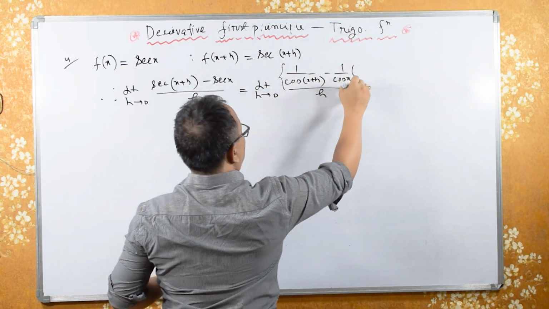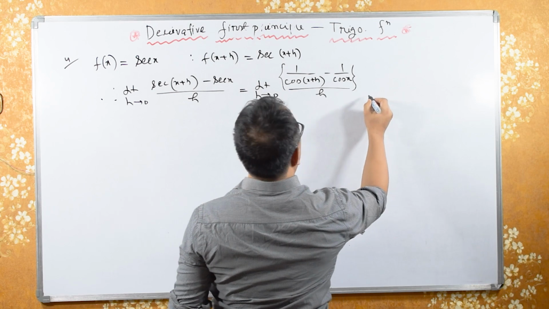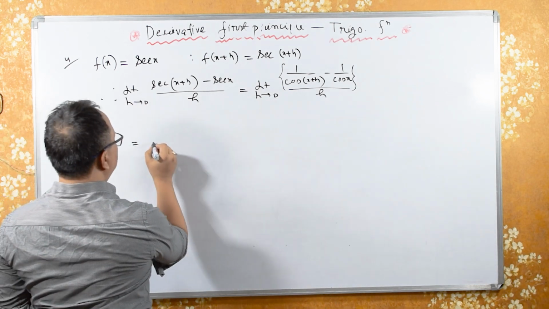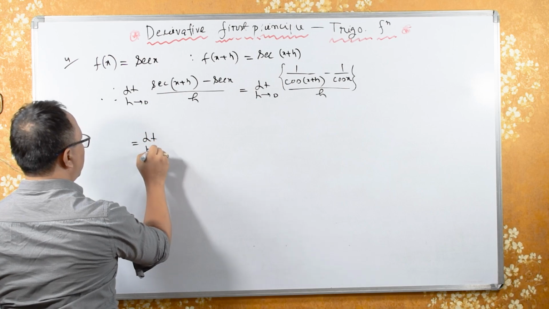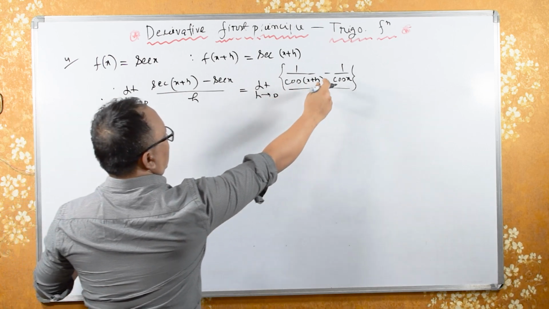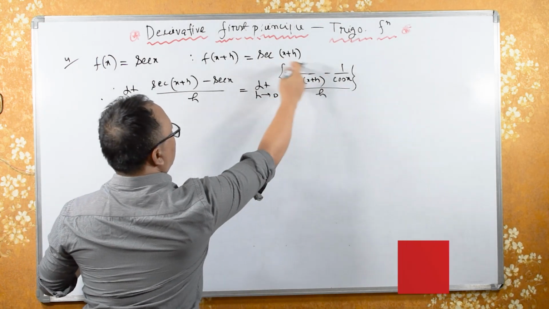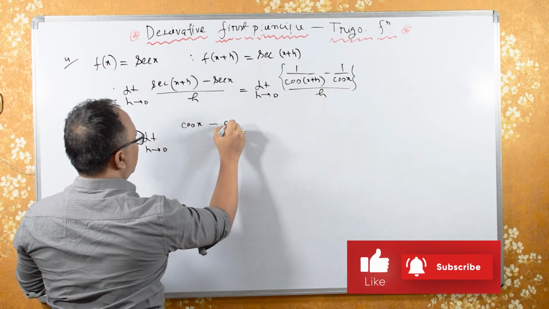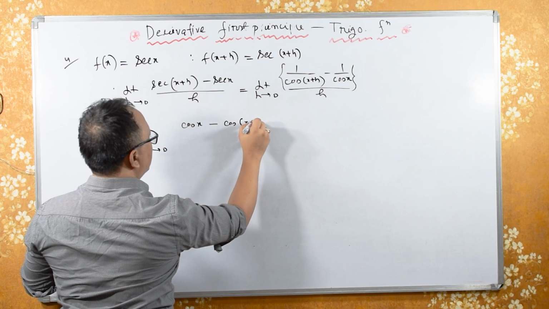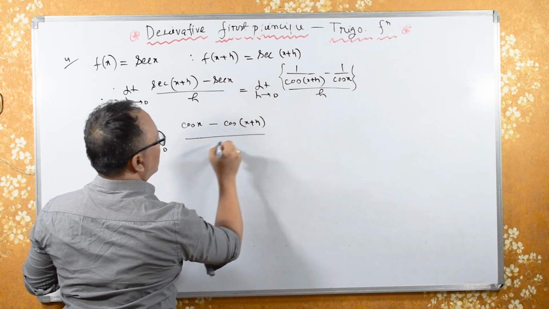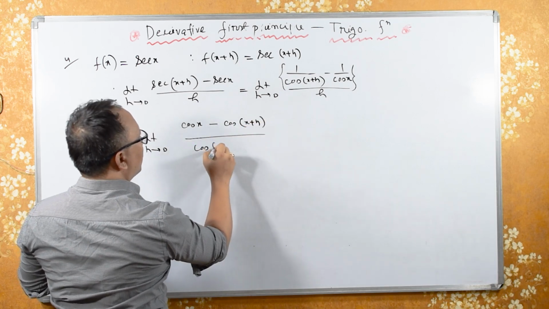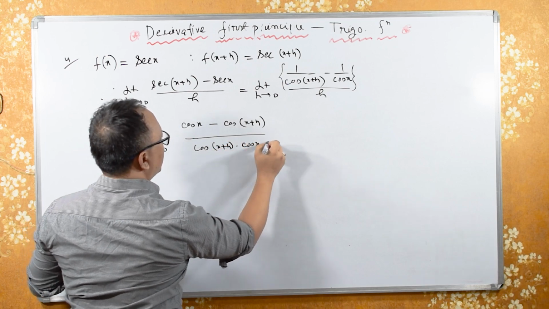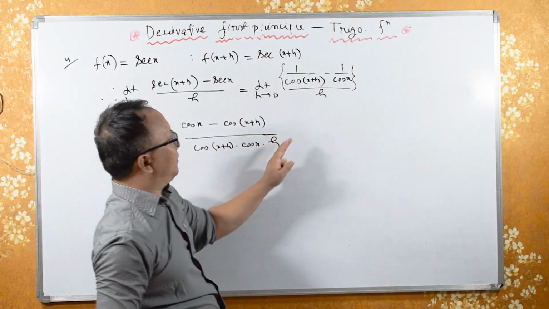Now let's take the LCM and cross multiply. This will be cos of x minus cos of x plus h upon cos of x plus h into cos x into h. This h I'm writing over here.